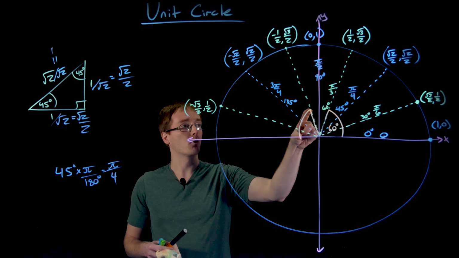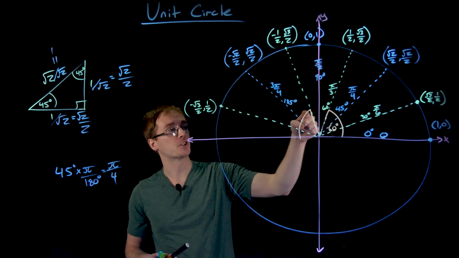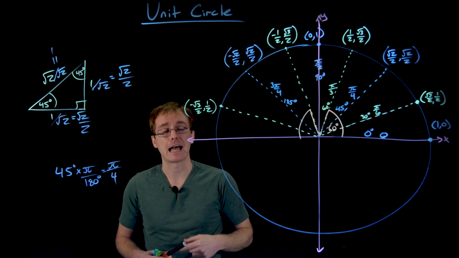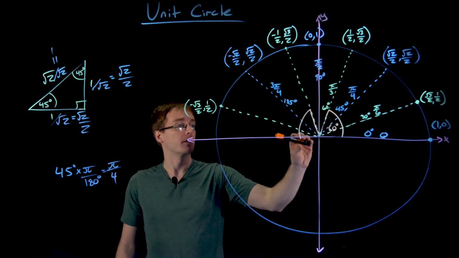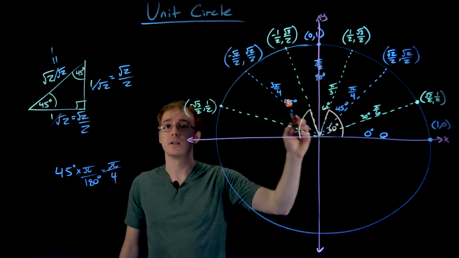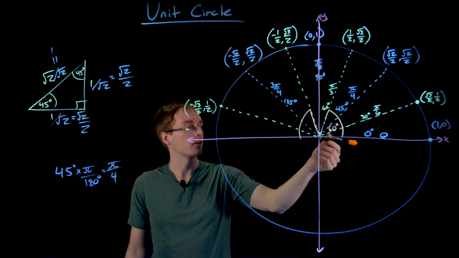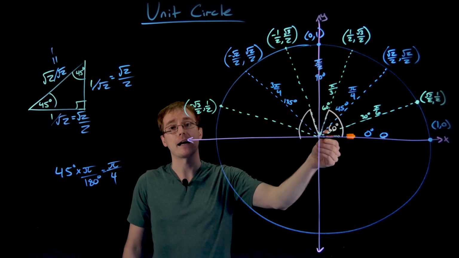So we know that this other orange angle here is 60 degrees, but that's going to be 60 degrees when measured starting from the negative x-axis. Okay, so we can also think of that as kind of anti-rotating 60 degrees or rotating 60 degrees clockwise. But we're always thinking about measuring our angles or arc lengths starting on the positive x-axis.